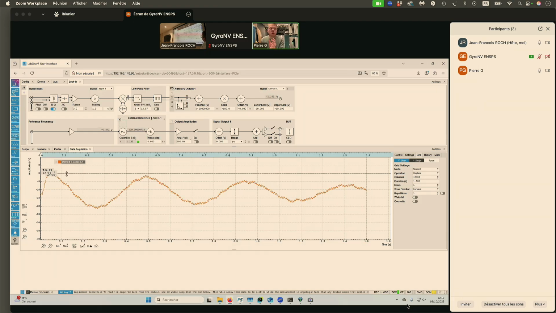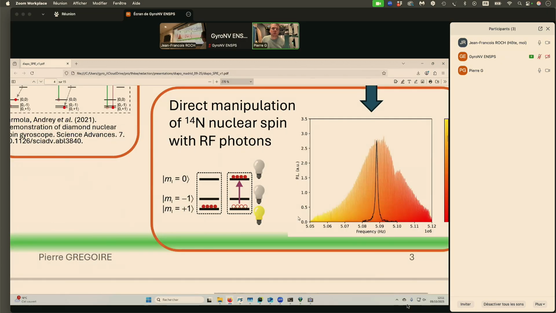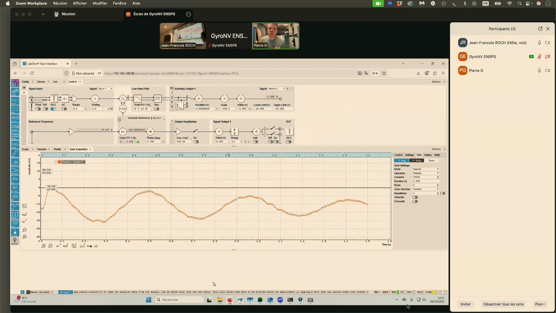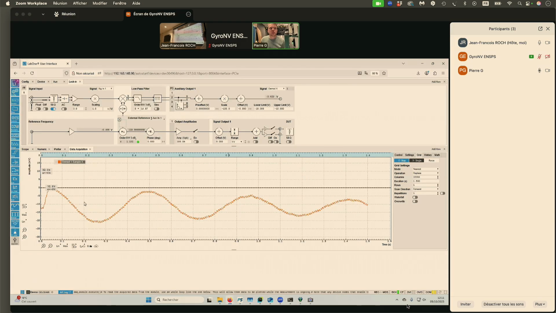So just to remind you, this Rabi oscillation tells us that at the beginning, the population is here, and when we send the right amount of RF, we end up here, and when we are here, the population is in this state. Okay, and we need this time. We need to measure this time, and I need to do it quickly.